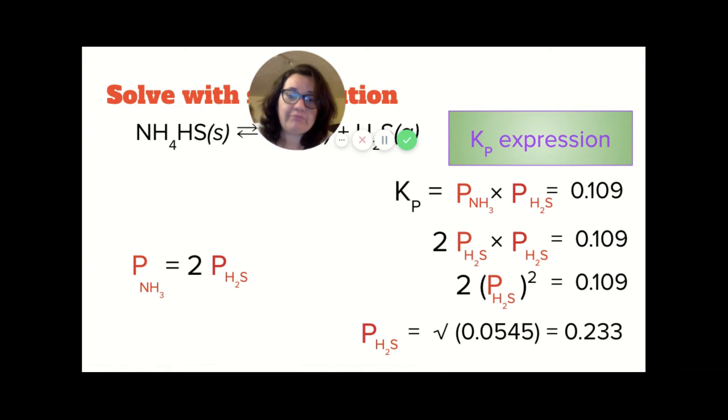So I divide by 2, I got the 0.0545, then took the square root, and I end up with a partial pressure of 0.233, which is less than it was in the beginning. In the beginning, it was 0.330. And we had said that it had shifted in the opposite direction. So I should have a number that is less than 0.33. Yes, I have a number that's less than 0.33. Yay.